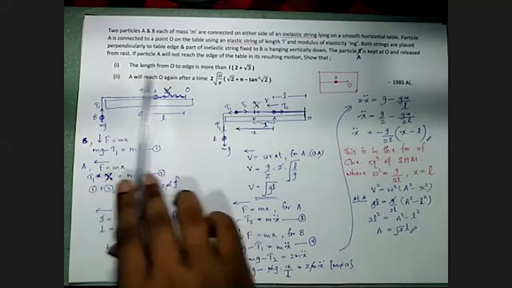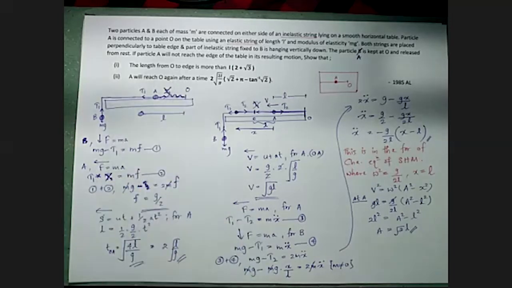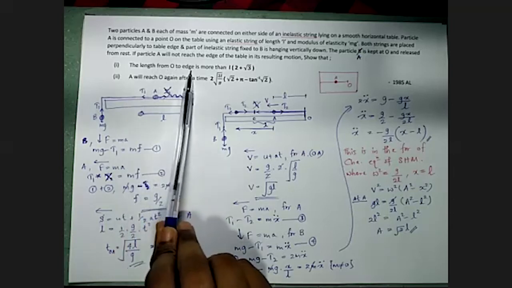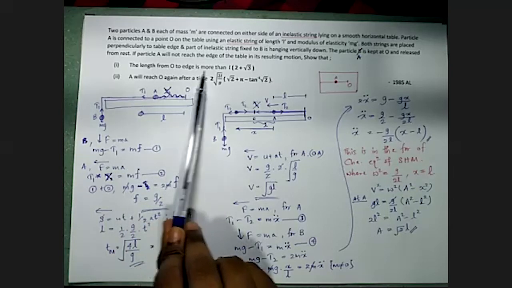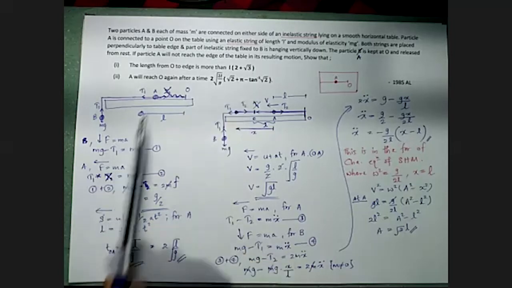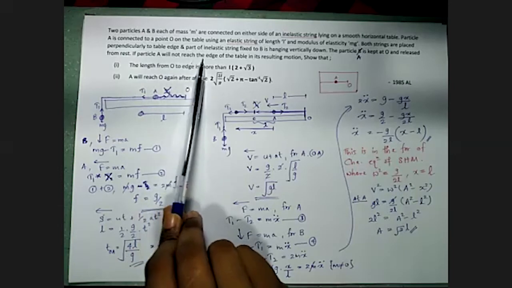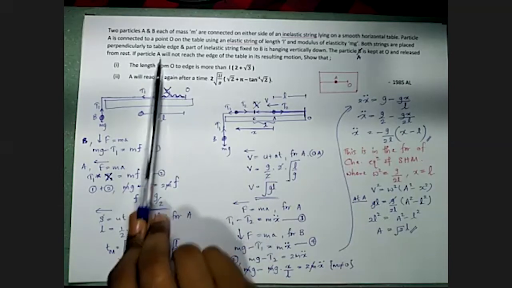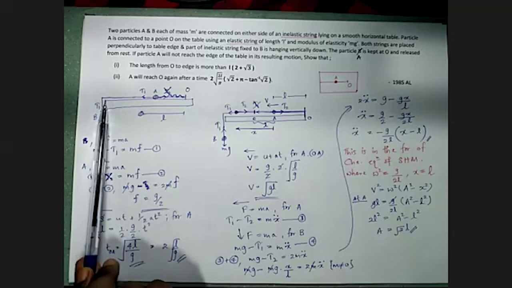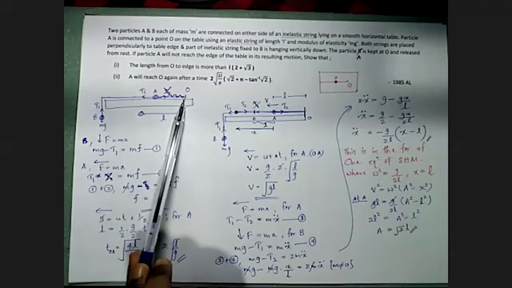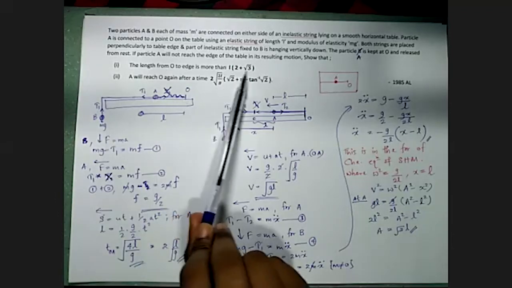Now in the first Roman number, they are asking us to show that the length from O to the edge of the table is more than this. If particle A is not to reach this edge, the length of the table from O to A must be more than this.